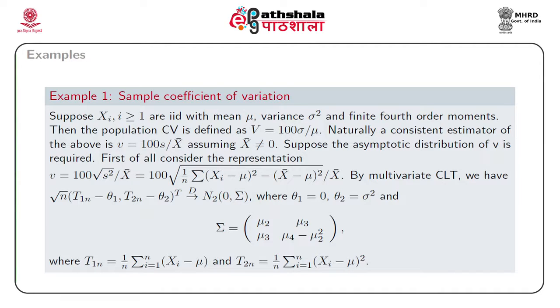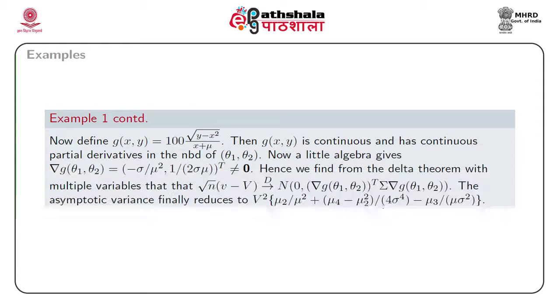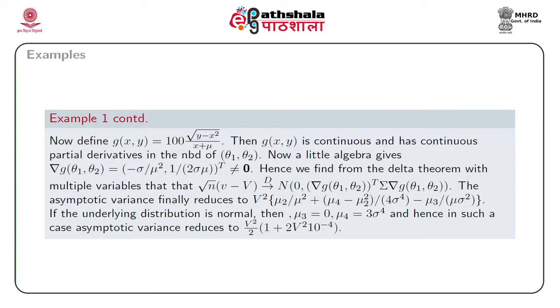So, we can apply the delta theorem by using some suitable function g. In this case, we find that g(x,y) should be defined as 100 times square root of (y minus x square) divided by (x plus mu). Then g(x,y) is a continuous function and has continuous partial derivatives in the neighborhood of (theta 1, theta 2).